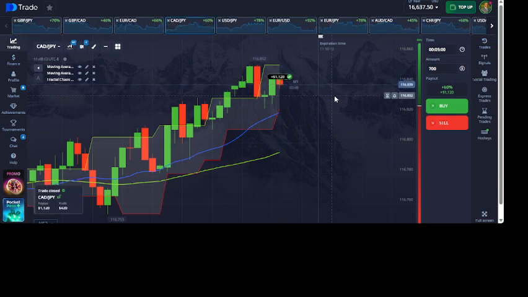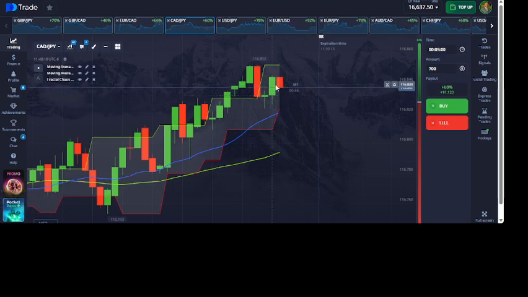Wow, so that was close, but we won that trade. Very close trade, but we eked out the push back upward with this green candle.